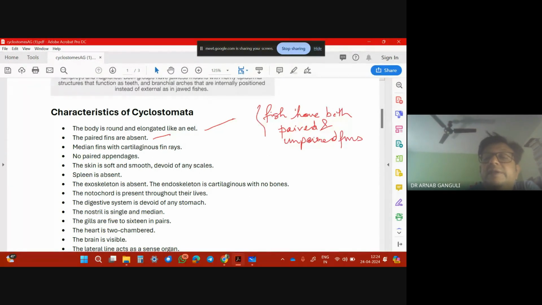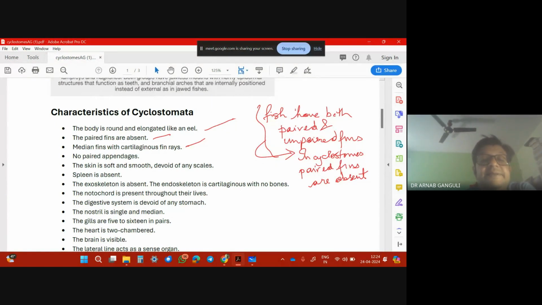In cyclostomes, paired fins are absent. Then median fin with cartilaginous fin rays.